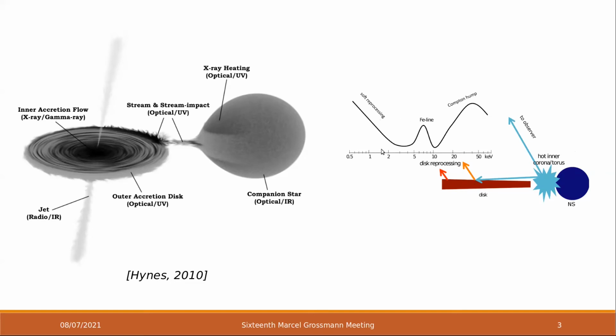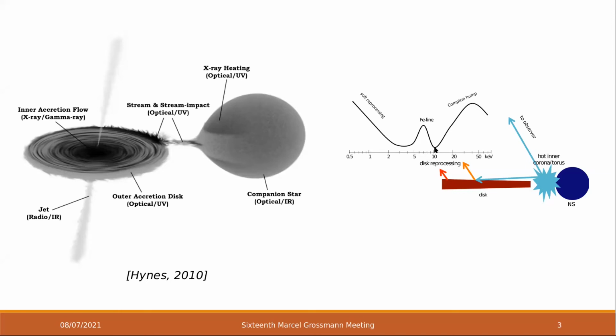Among the characteristics of this reflection spectrum, one of the most important ones is the iron line. The iron line is a fluorescence K alpha line that is peaking at around 6.47 keV. And it has been seen since the very first years of X-ray spectroscopy.